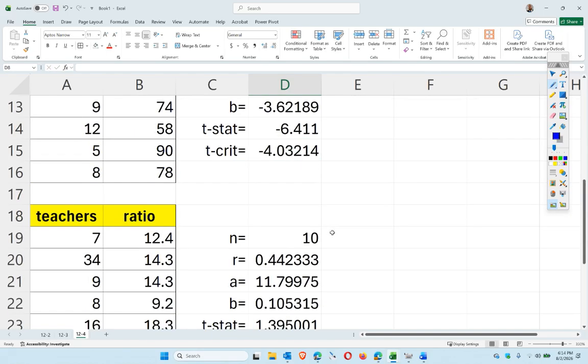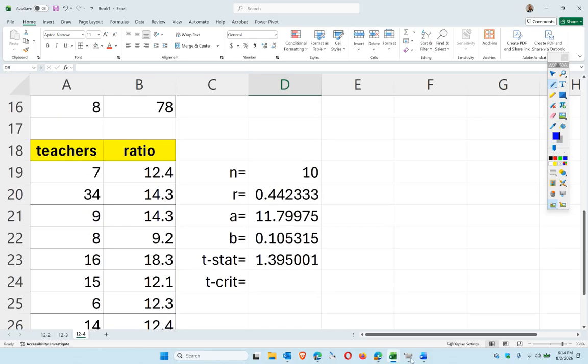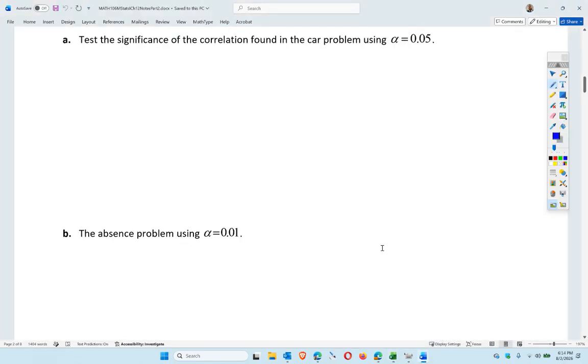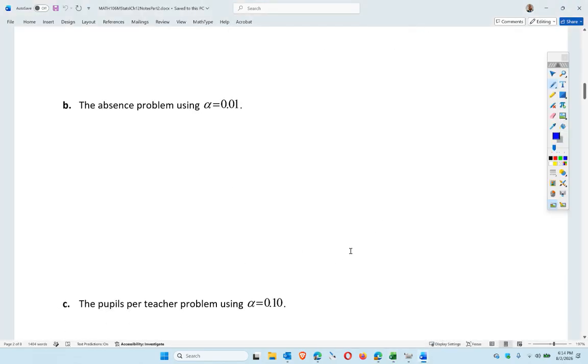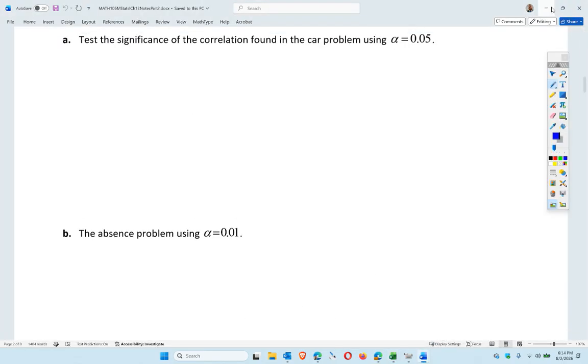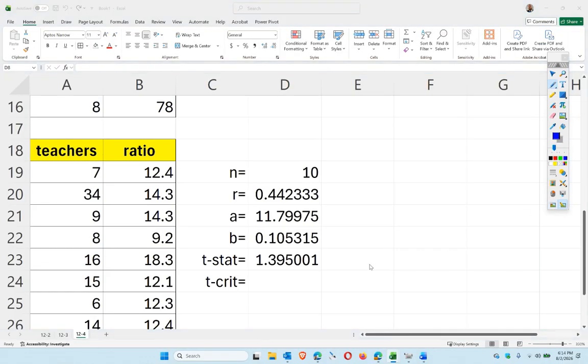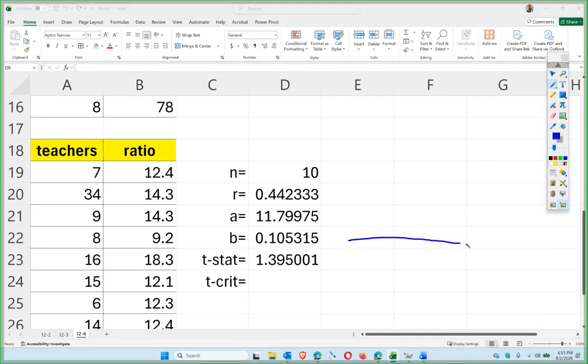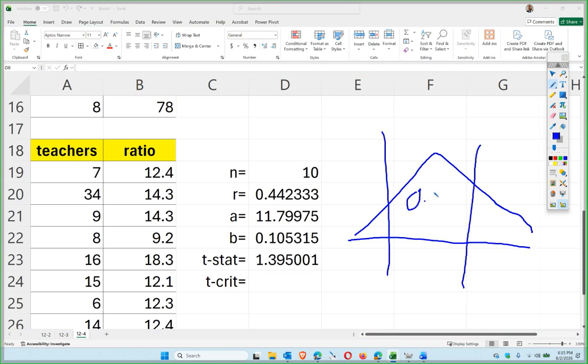Okay. All right, lastly, what is this one here? So if I do this one, it is 10% alpha for the pupil problem. Okay. So if I do the pupil problem, boom, boom, 0.90. Alpha is 10, right? 10% is alpha. So that means this is 0.05.